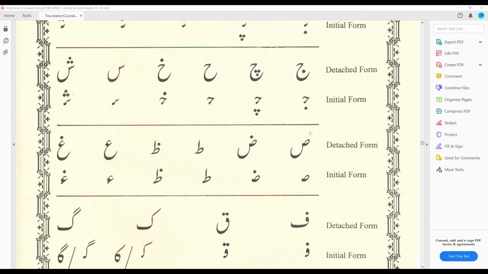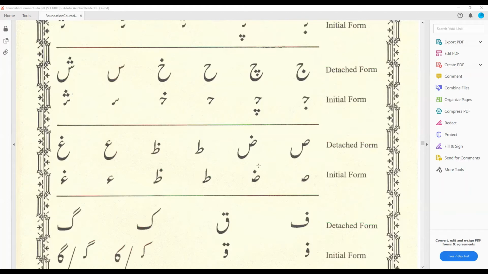Anyway, quickly, I can just tell you these are the shapes: Jim, Che, He, Khe. This is seen. We are going to use seen's head only, not body. Sheen, only head, not body. Don't worry about this page, I will send you this. Swad, this is the initial form.